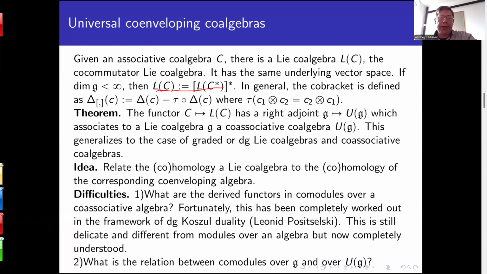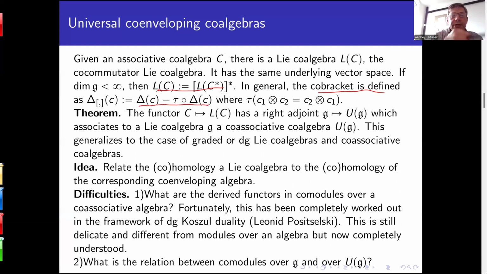So what we do is dualize our coalgebra, take the commutator Lie algebra, then dualize back. In general, the co-bracket is still defined by the following formula.